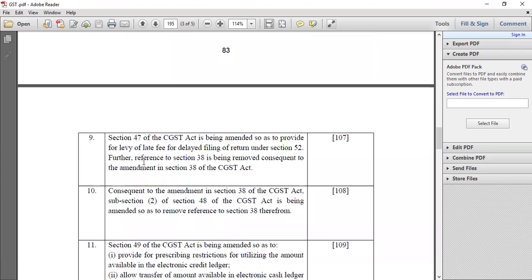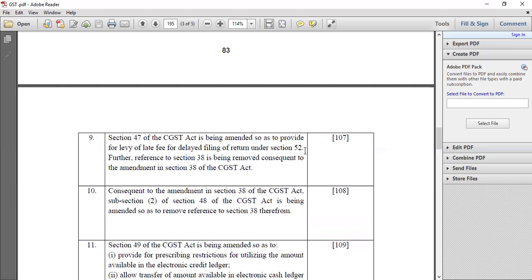Then comes amendment of section 47 of CGST Act to provide levy of late fees for delayed furnishing of return under section 52. Section 52 deals with return to be furnished by TCS collectors who are e-commerce operators.